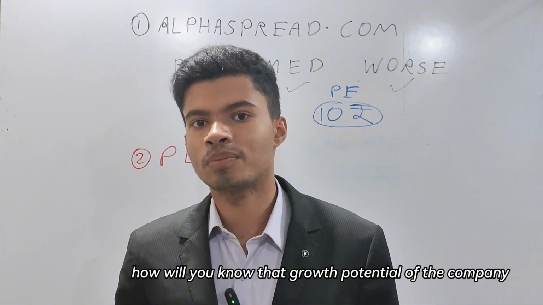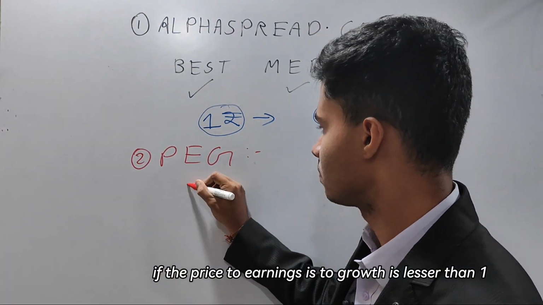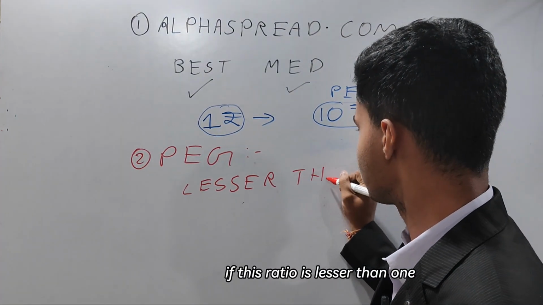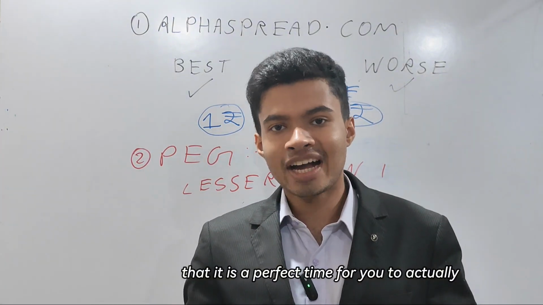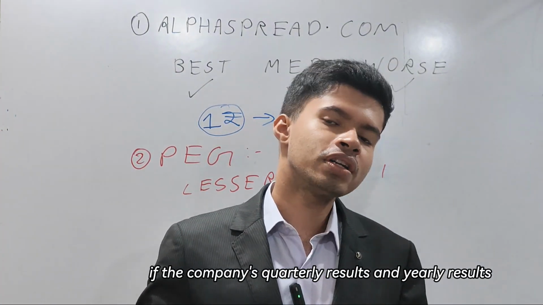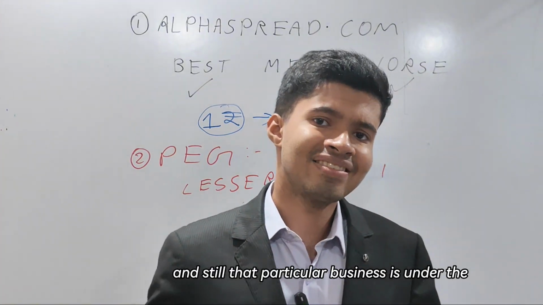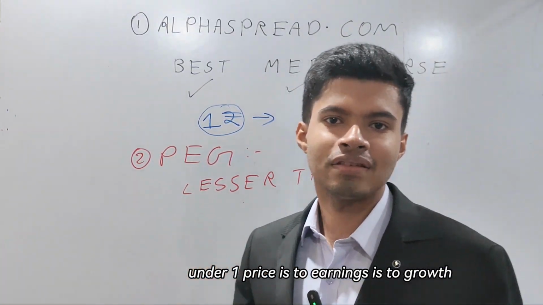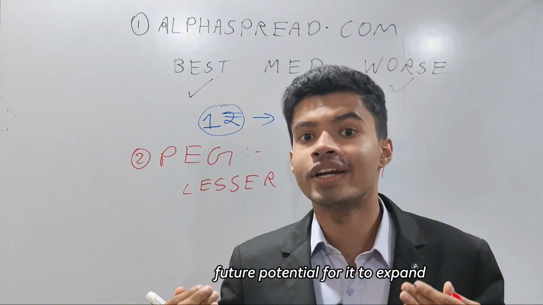Now how will you know that growth potential of the company? If the price to earnings to growth is lesser than 1, if this ratio is lesser than 1, it is indicated that it is a perfect time for you to actually consider that stock, because in the future, if the company's quarterly results and yearly results perform extremely well, and still that particular business is under one price to earnings to growth, it means that there is a lot more future potential for it to expand.